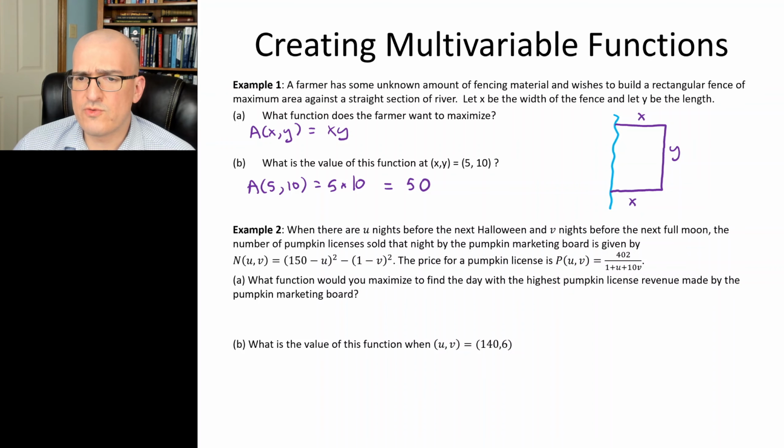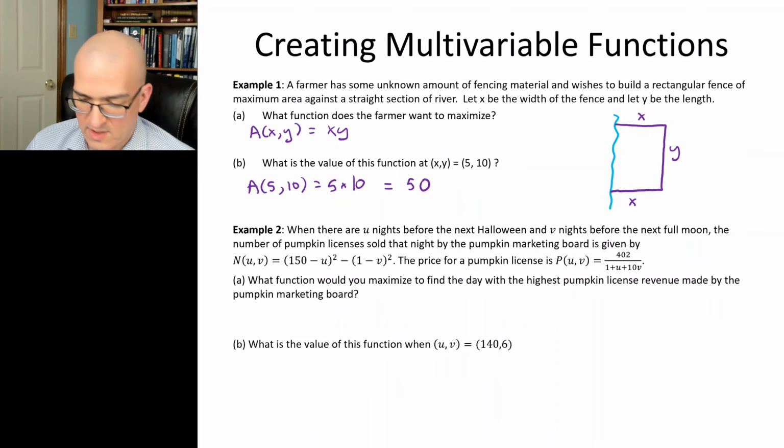When there are u nights before the next Halloween and v nights before the next full moon, the number of pumpkin licenses sold that night by the pumpkin marketing board is given by that function. The price for a pumpkin license is given by that function. Part A of the question asks, what function would you maximize to find the day with the highest pumpkin license revenue made by the pumpkin marketing board?